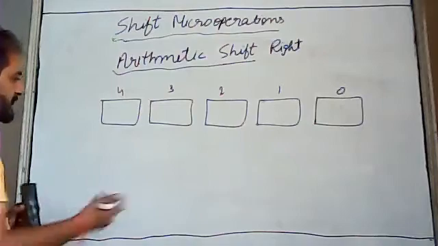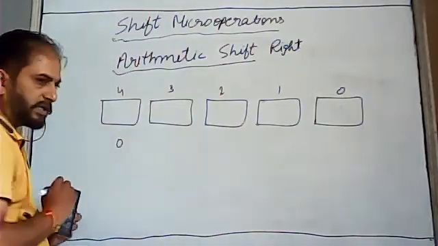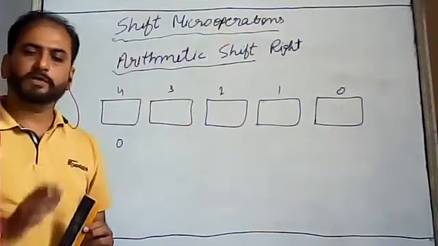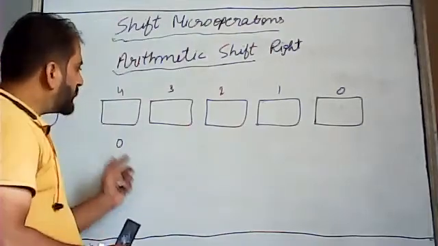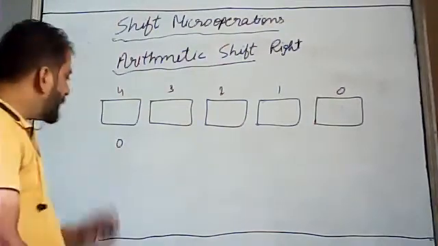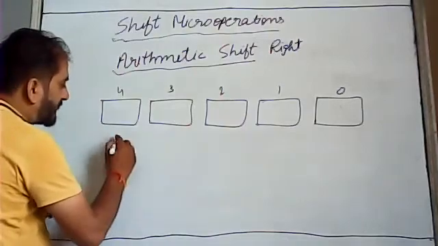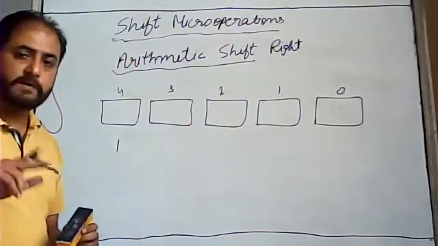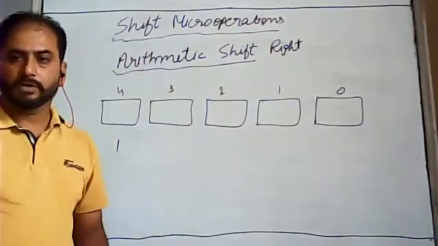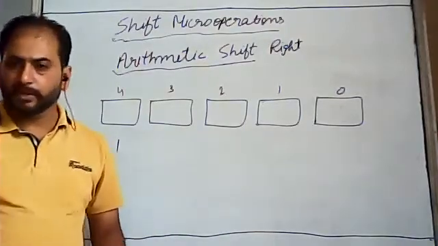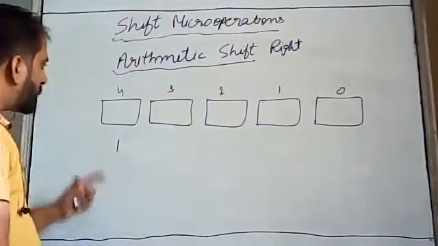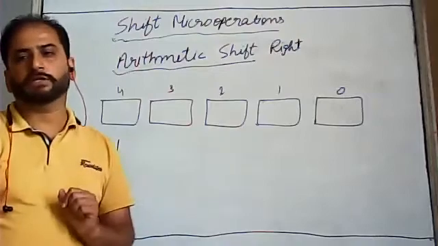If the number is positive, after the shift it should also be positive. If it is negative, it should remain negative. We cannot change the sign of the number, so we will take care of this point in the arithmetic shift right.